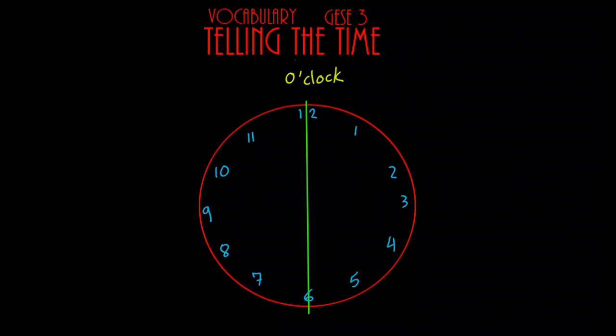So we would put the hour plus o'clock. Okay. And once we get over the o'clock part, we need to look at what direction we're going. So we go up to here. So this would be the minutes.